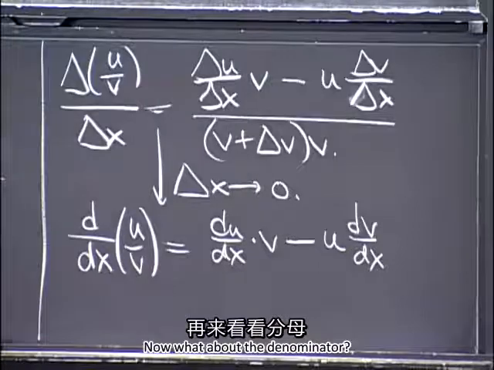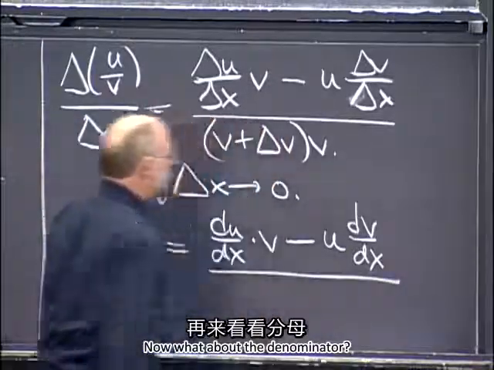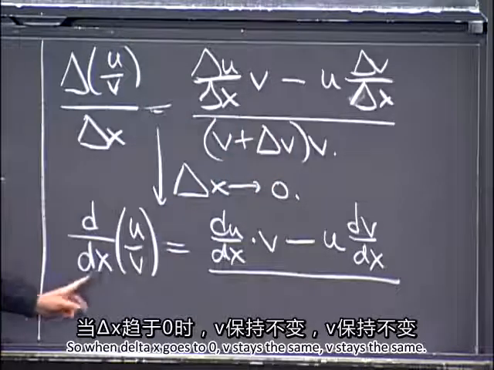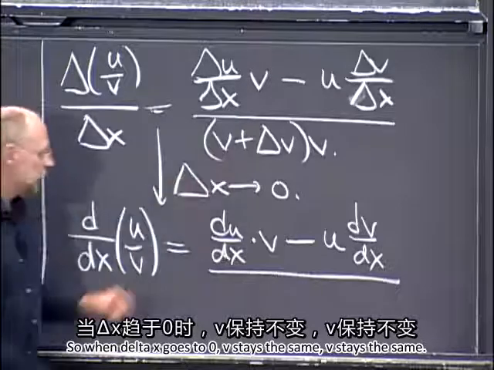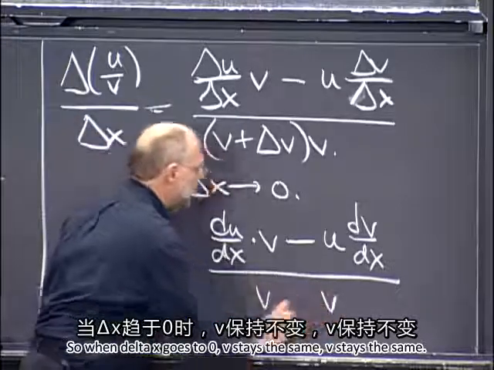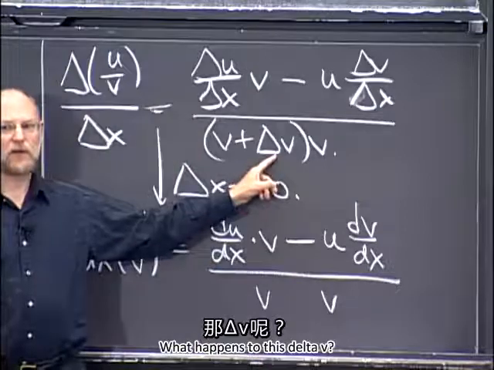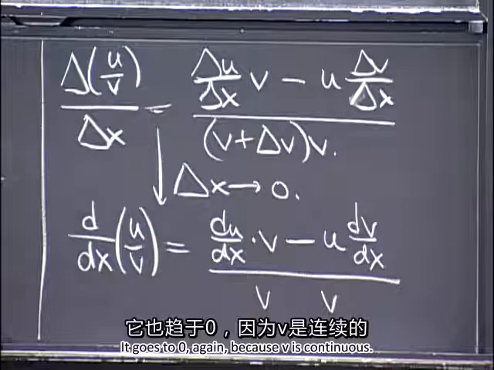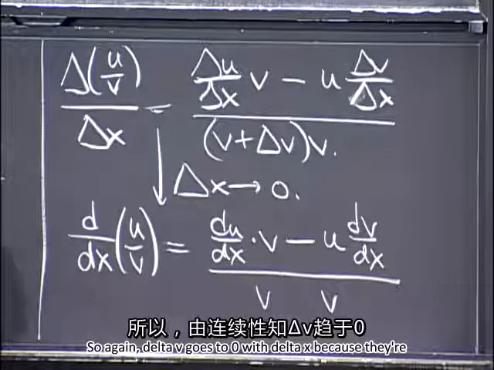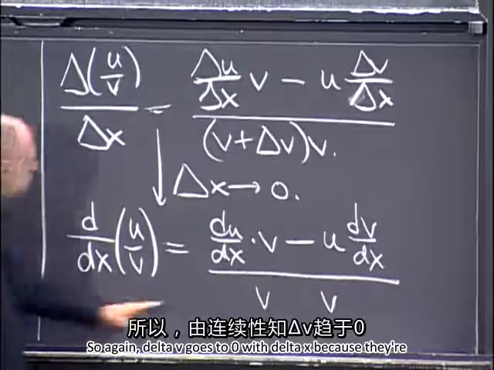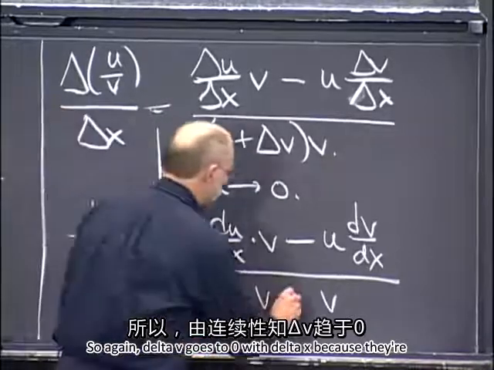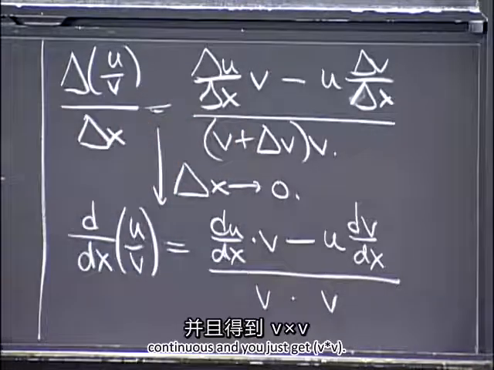Now what about the denominator? When delta x goes to 0, V stays the same. What happens to this delta V? It goes to 0 because V is continuous. So again, delta V goes to 0 with delta x because they're continuous, and you just get V times V.